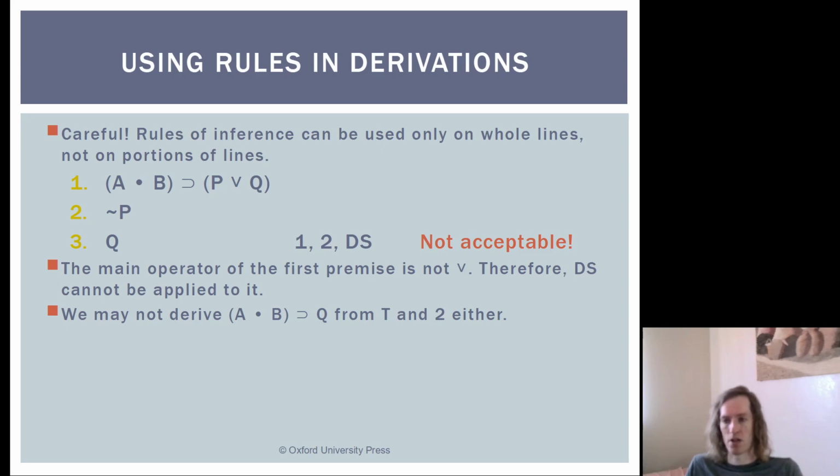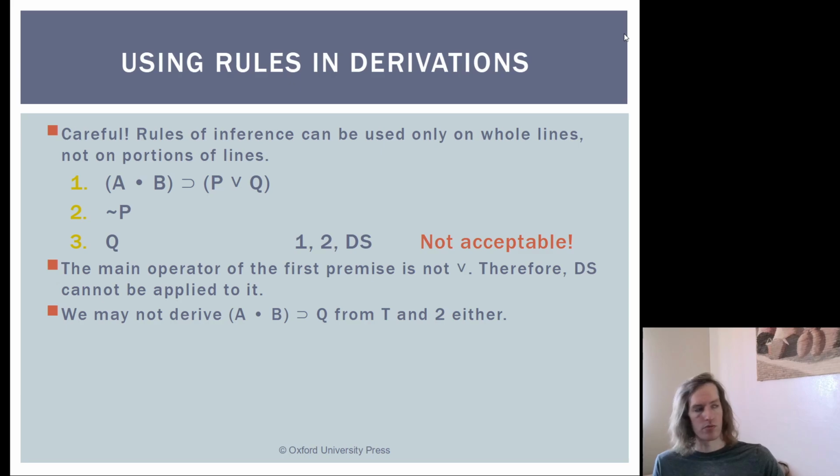But here, the disjunction P or Q is just part of the consequence of a conditional, which is just expressing the relation between if A and B, then P or Q. We don't have enough material there, and also it's going to be nested in these larger operations that don't allow us to just pick out part of the well-formed formula that we're dealing with. Rules of inference can only be applied to whole lines, or whatever the major operator is going to tell us what rules of inference we can use on that line.